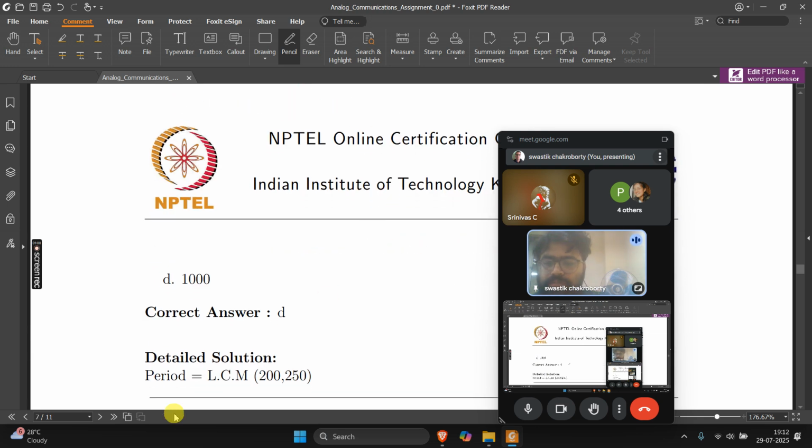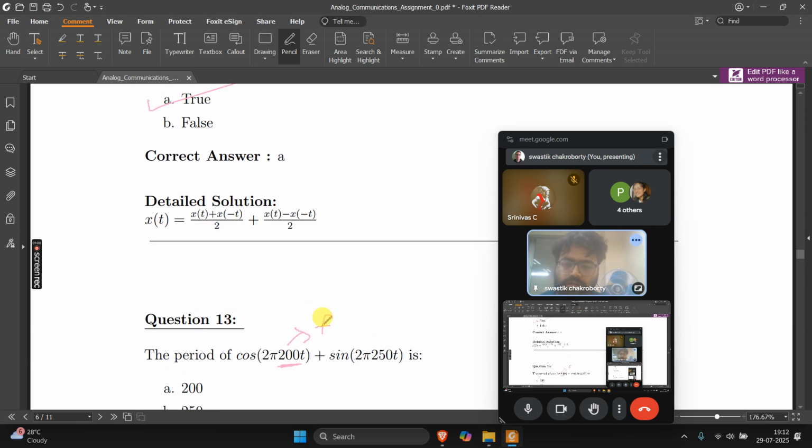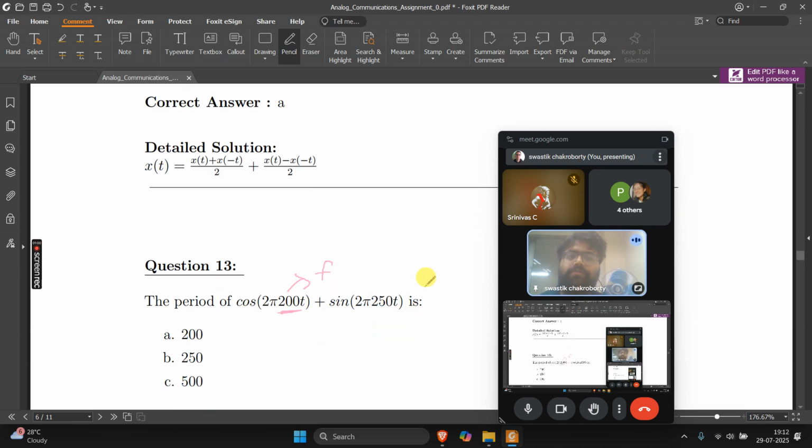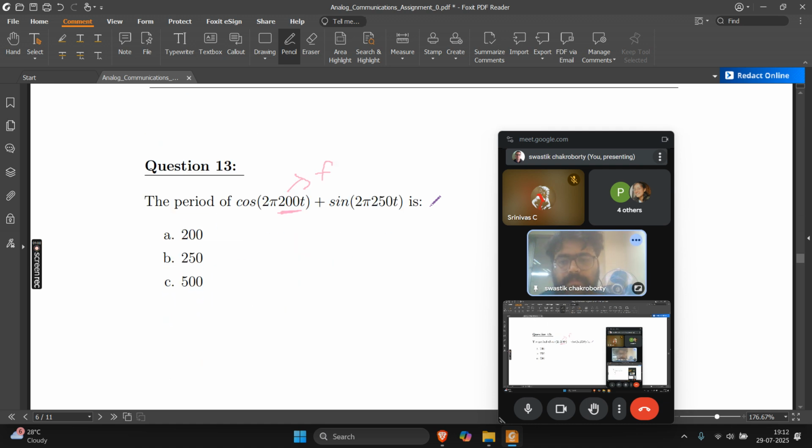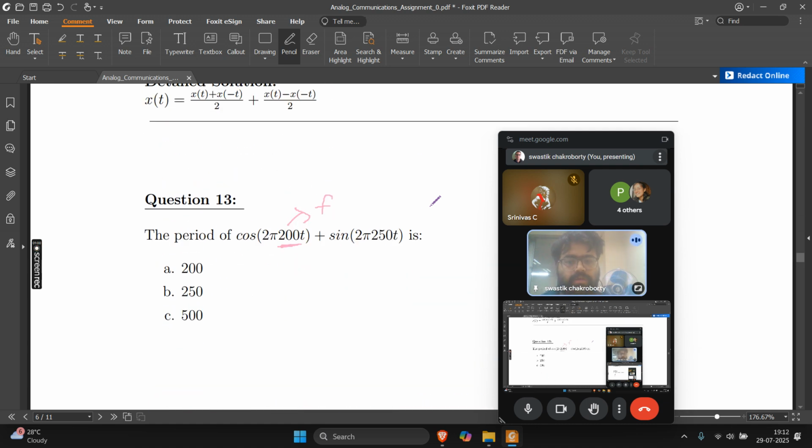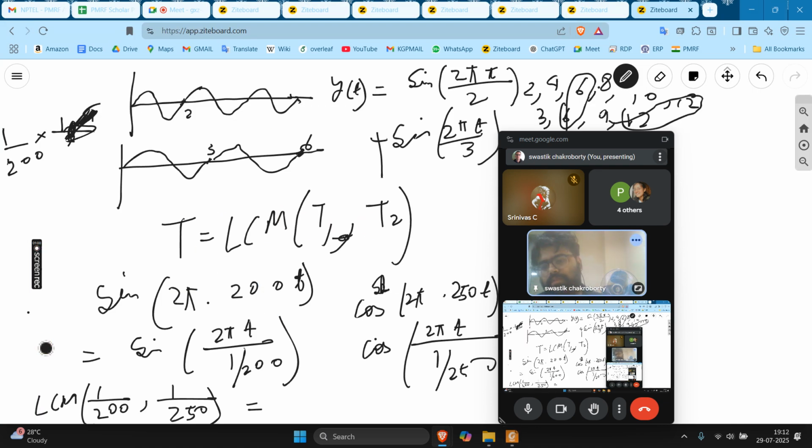So they have simply said that the period is the LCM of 200 and 250, but 200 and 250 are frequencies, as you can see, and the time period is the LCM of the time periods, not the LCM of the frequencies.